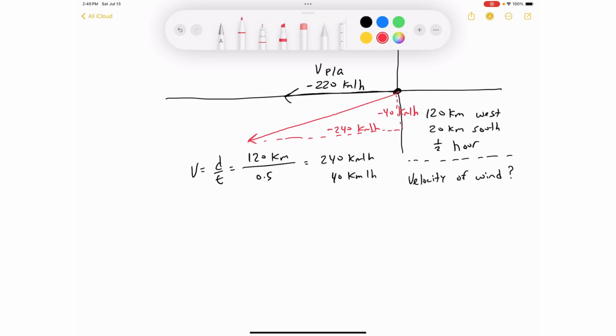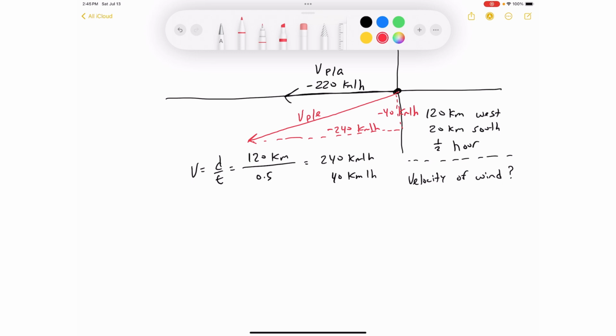Now this red vector is the velocity of the plane relative to the Earth, because for example the pilot looks down, let's say, and goes, oh, this is where we actually are over the Earth, and so we actually went 240 kilometers to the west and 40 kilometers down. But how did we get there?